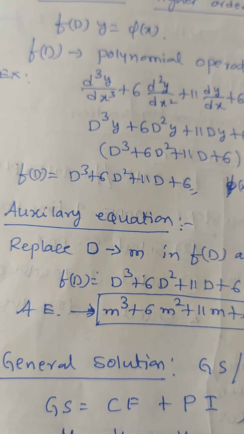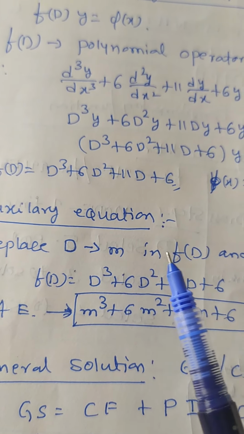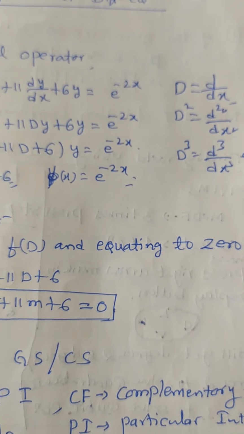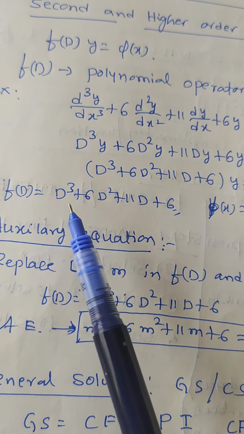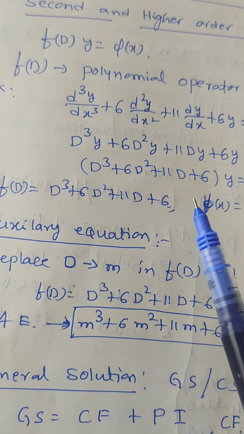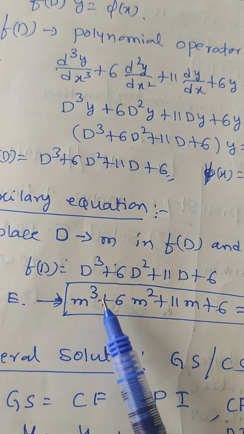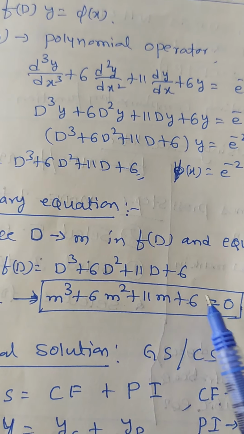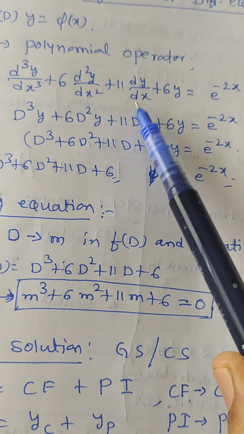See, replace capital D by m in the polynomial operator f of D and equate it to 0. Okay, I will take the same polynomial operator. D cube plus 6D square plus 11D plus 6 is your f of D. Replace D by m, then we get m cube plus 6m square plus 11m plus 6 is equal to 0. This is the auxiliary equation of this differential equation.